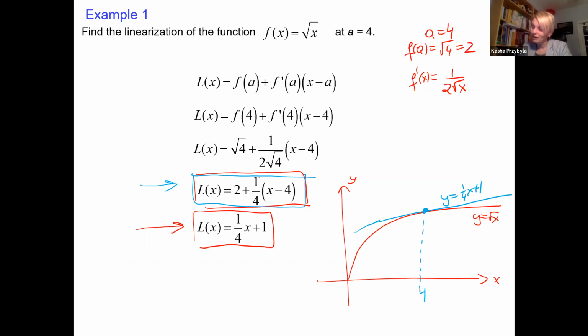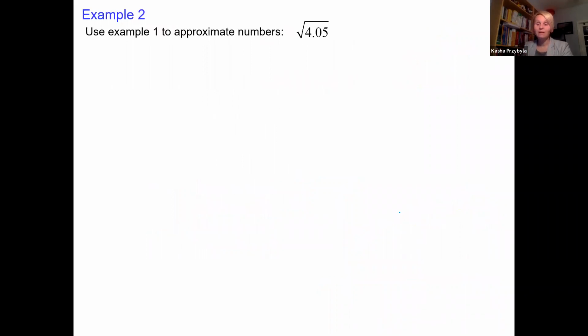Looks good. We can see that really close to that point, it doesn't matter if I take the square root of x or the blue line, which is the tangent line. I can approximate. So now my next question is, use example 1 to approximate the number square root of 4.05.